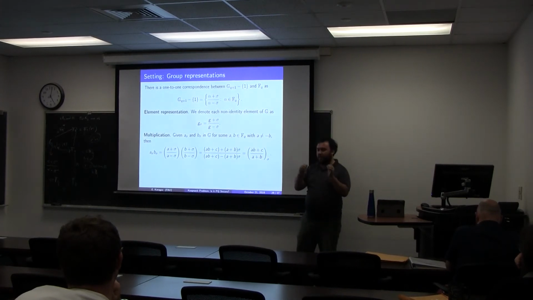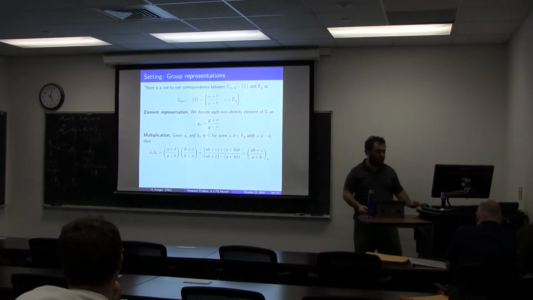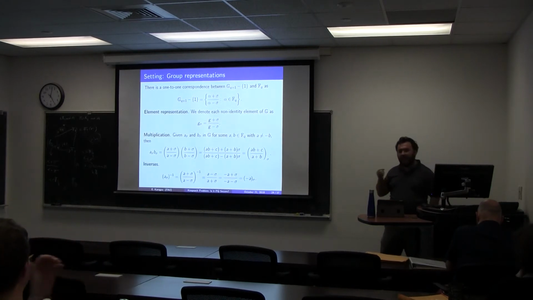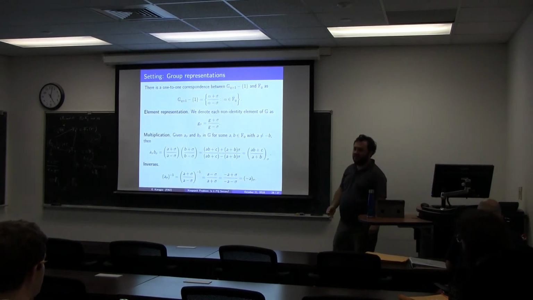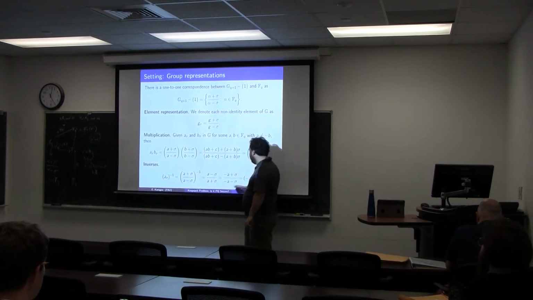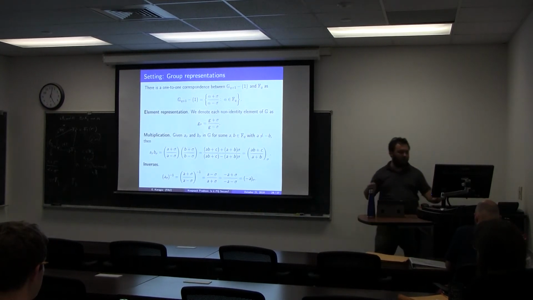So we can do the multiplication using the F_q elements, not F_q squared elements. And here, inverses are free. The inverse of this element is just the sigma of negative alpha. Okay, so inverses here are free.